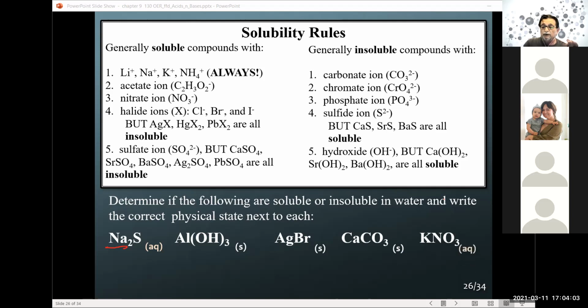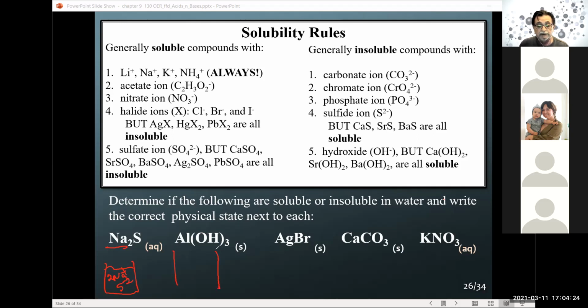Okay, so aqueous. So if I were to have to draw these things in a beaker, the fact that this is soluble, I would draw my little sodium, a couple of sodium and my sulfide in solution, totally separated.